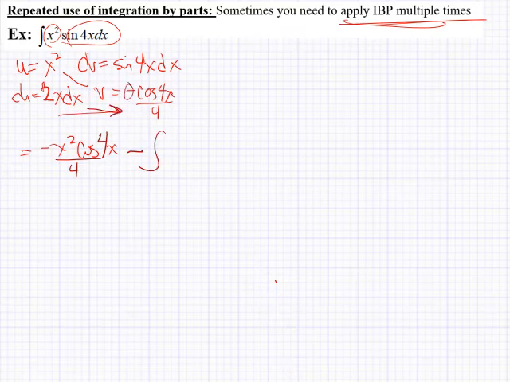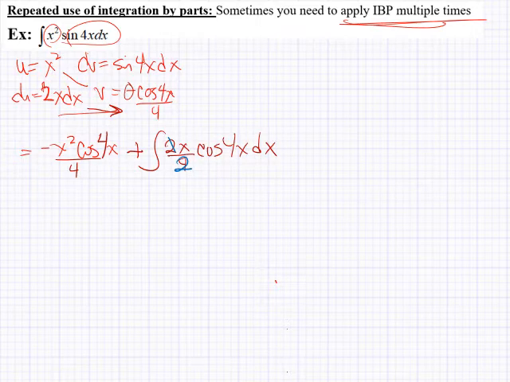So since this already has a minus, that'll turn this into a plus, and I end up with 2x over 4 cosine 4x dx, which I can simplify to just 1/2. But I look at this and I go, okay, now this is the integral I'm going to have to work with.